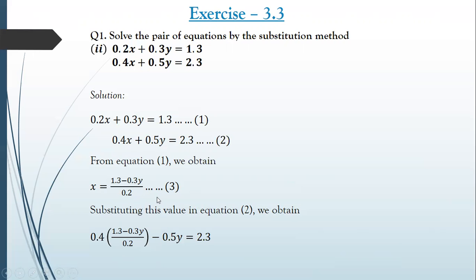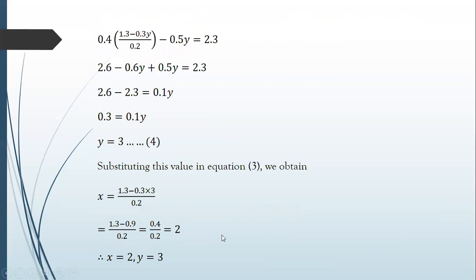Now substituting this value in equation 2. So our first substitution over here. So 0.4, instead of x, we are going to write the right hand side of equation 3, which is 1.3 minus 0.3y divided by 0.2, minus, continuing with the first one, 0.5y equal to 2.3, which is 0.4 into this.